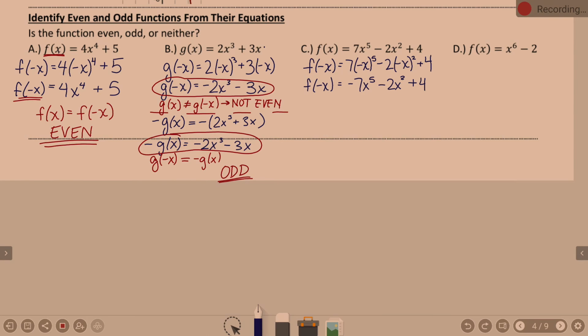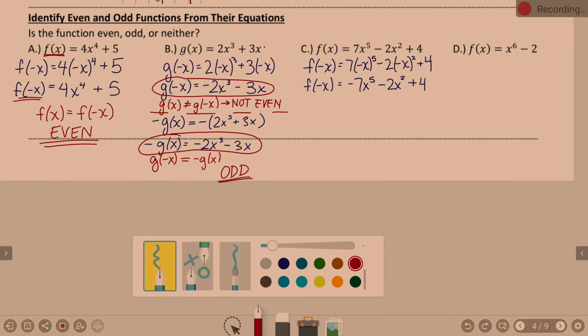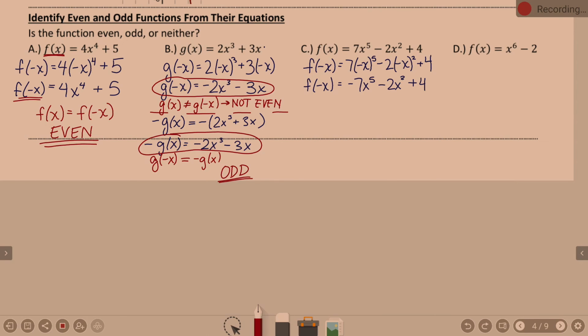Okay. What can your brain tell me right now? Right now, I know that f of x does not equal f of negative x because there's one sign difference, isn't there? The other two pieces stayed the same, but there's one sign difference, so this is not even.